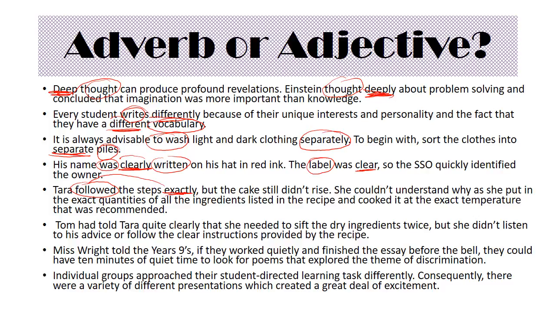In the next example, though, exact refers to the temperature, which is a noun. So exact is the adjectival form. In the next sentence, clearly is the adverb because it refers back to this verb, and clear is the adjective because it refers to this noun, instructions.